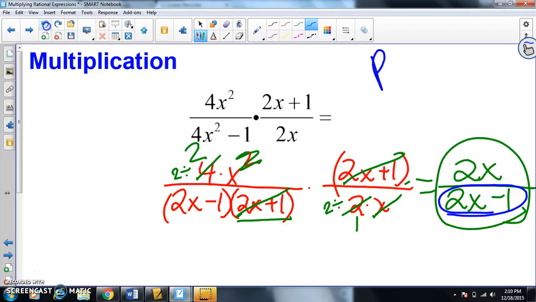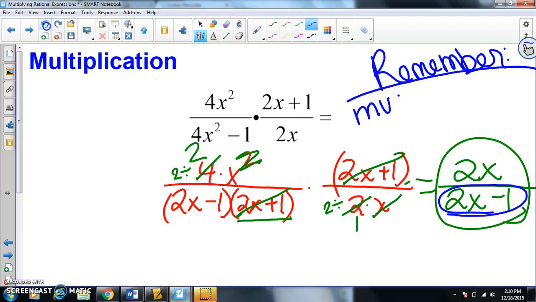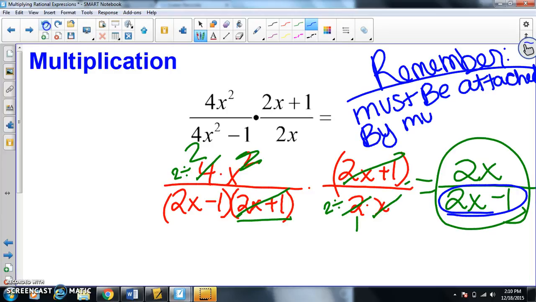So remember, we must be attached by multiplication to simplify.